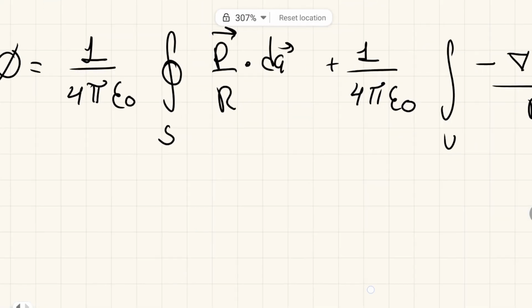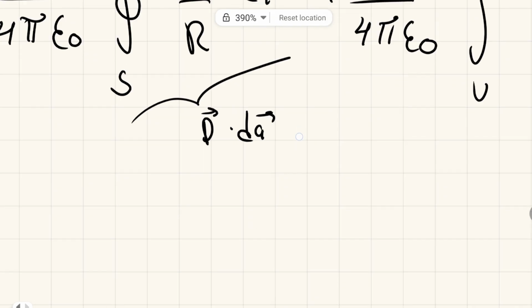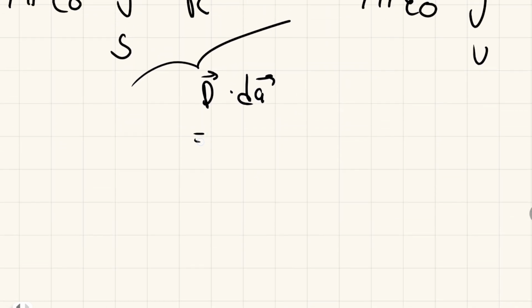And let's first of all look at this term. Well, we have a dot product between the polarization and the dA. It's very easy to notice that this can be seen as the polarization dot a unit vector normal to the surface, okay, times a differential A, which is now a scalar.